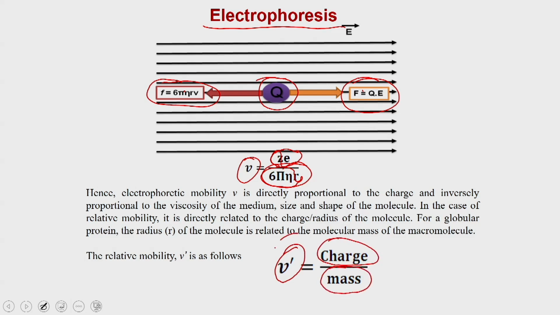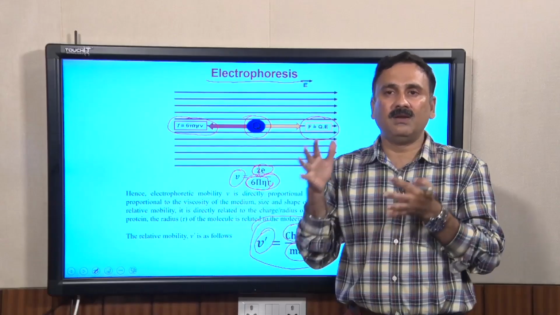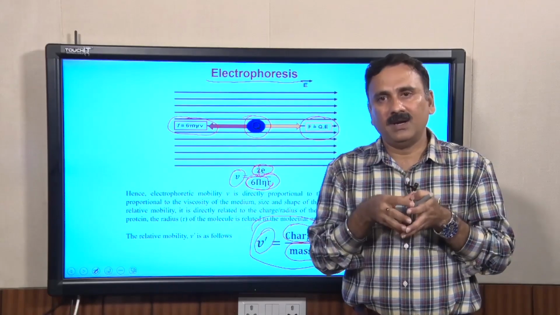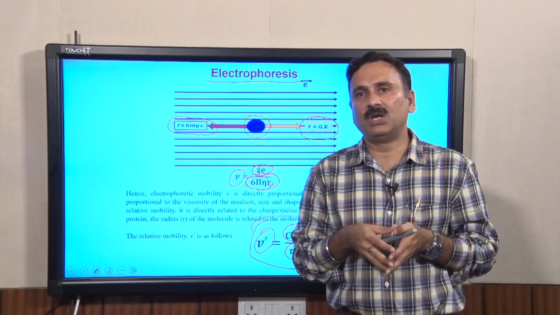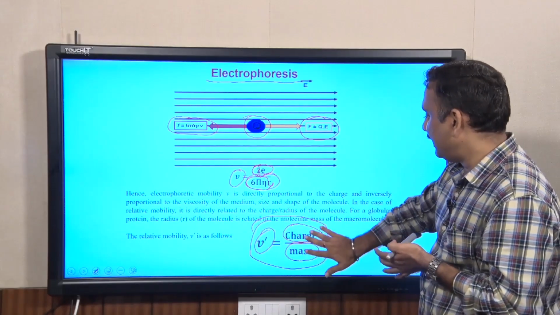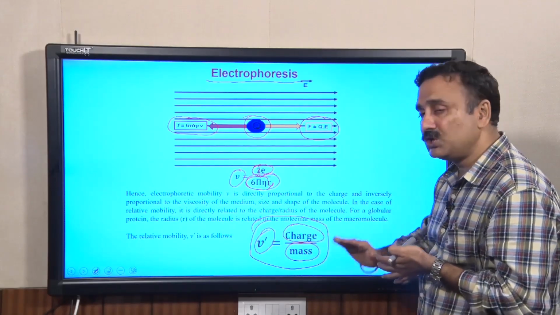So, using this type of equation, you can design electrophoresis in two different modes. In one mode, you do not alter the intrinsic charge of the molecule, and in those cases the electrophoretic mobility is based on the charge-to-mass ratio.